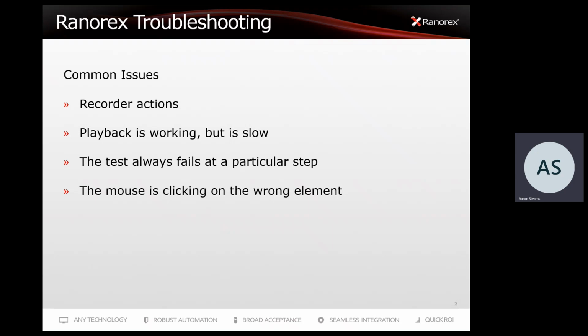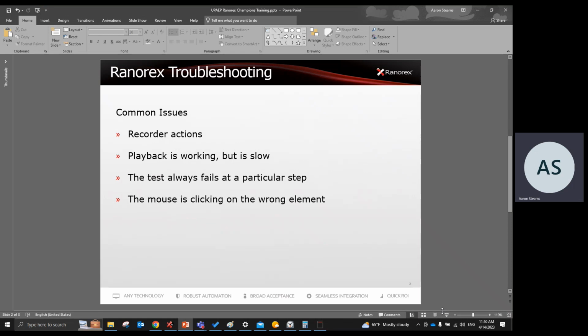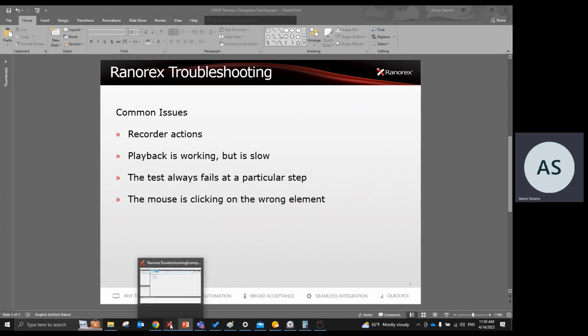So we'll see how to distinguish between multiple elements and how to troubleshoot that type of error if we're seeing that. So we'll jump out of the slides right here and we'll go right into Ranorex Studio.